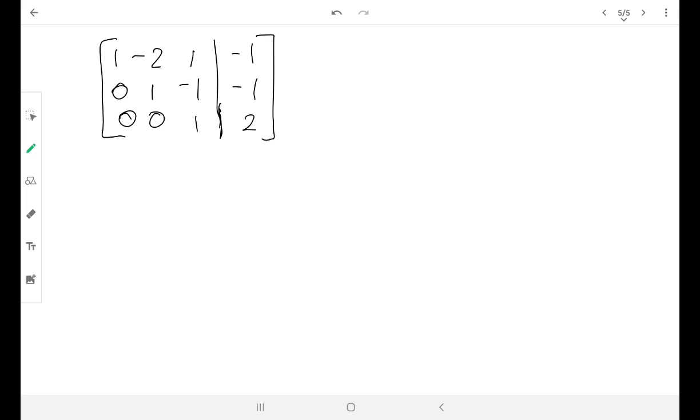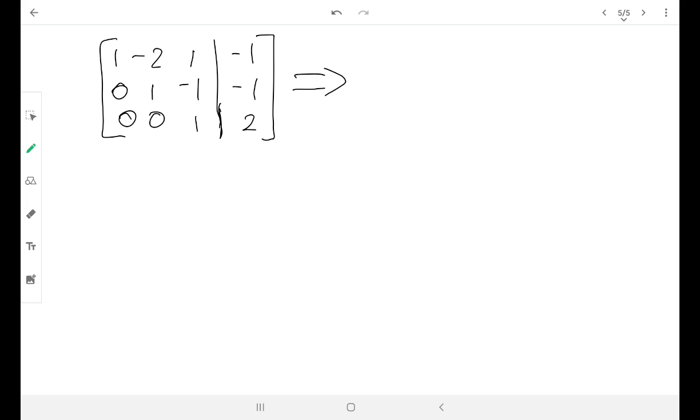I'll write this row echelon form matrix one more time so that we can look at it here. 1, negative 2, 1, negative 1 for our first one, representing our first equation, and then 0, 1, negative 1, negative 1 representing our second equation, and 0, 0, 1, 2 representing our third equation.